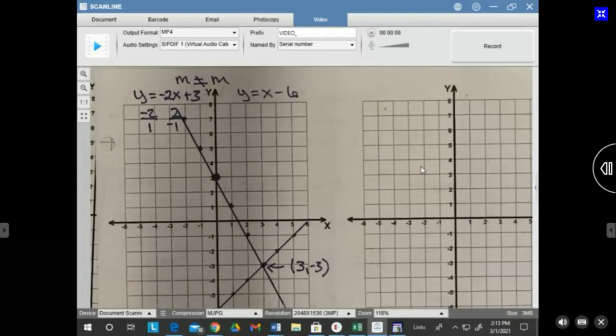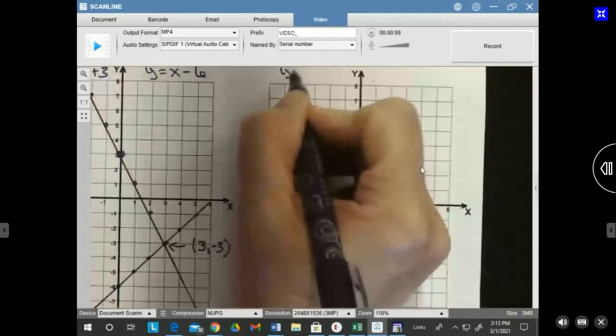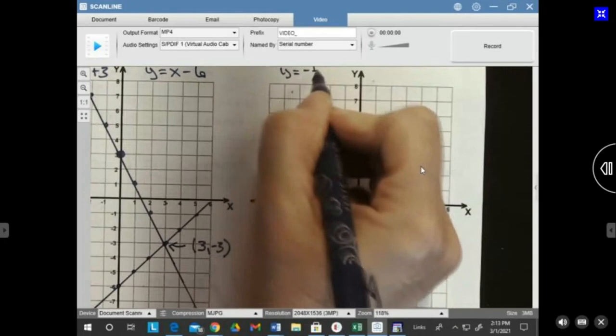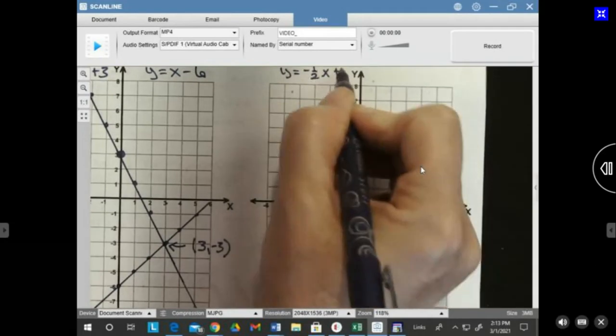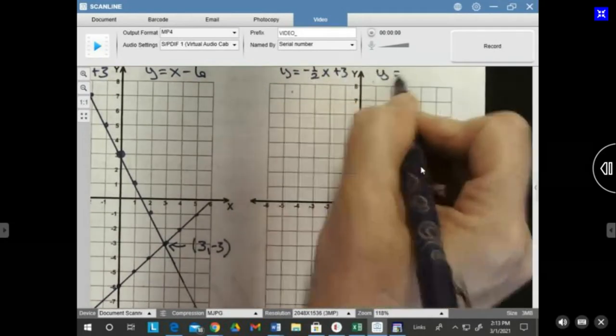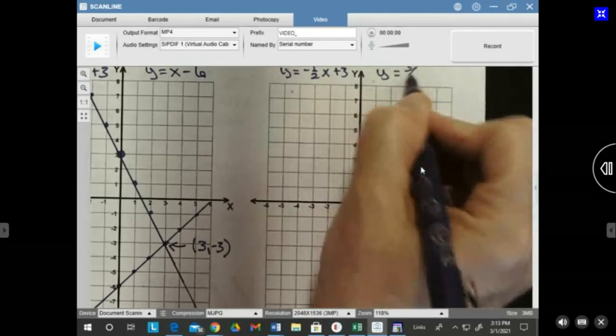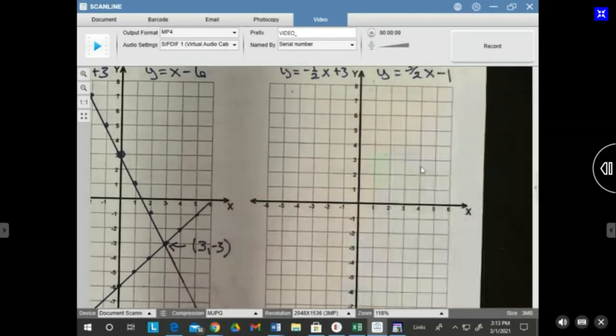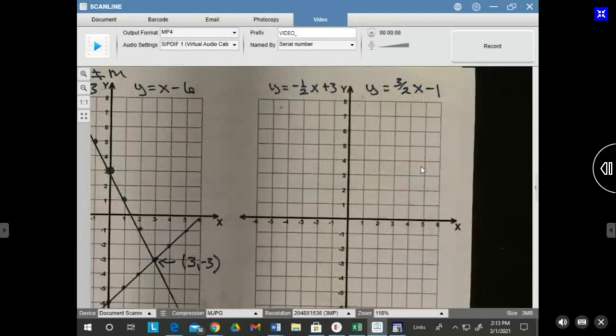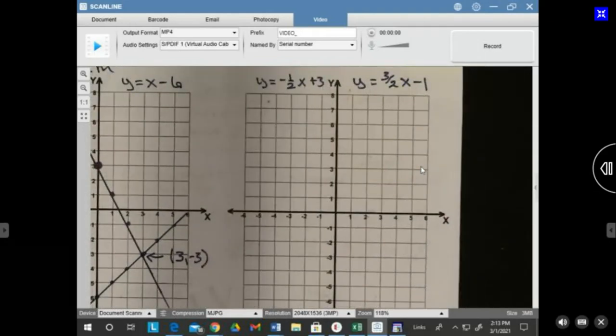All right, my next system. Let's try y equals -1/2 x plus 3 and y equals 3/2 x minus 1. That's a lot of work. How much time do you think you'll need to get these lines on that graph? Wait, what's the second equation? 3/2 x minus 1.